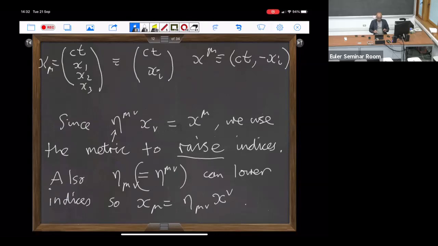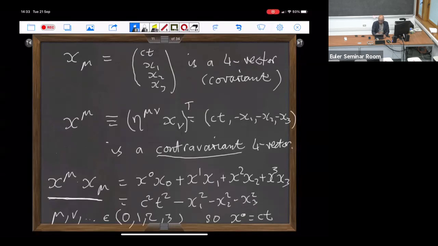Now, on just an operational point, we can think of eta mu nu as an object that we use to raise the indices. So, over here we had the definition of x upper mu in terms of x lower mu and the Minkowski metric.